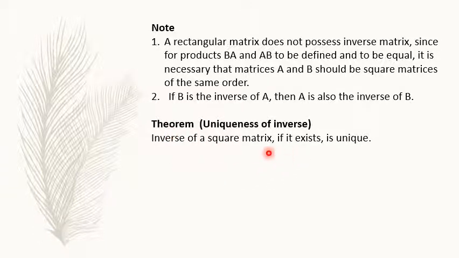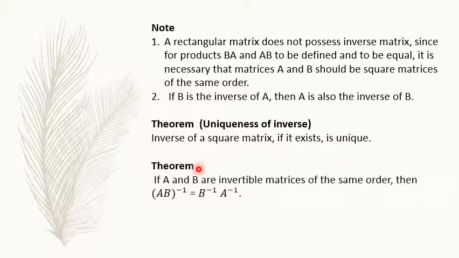There exists a theorem, uniqueness of inverse. That is, the inverse is unique. The inverse of a square matrix, if it exists, is unique. That is, a matrix has exactly one inverse. There exists another theorem.